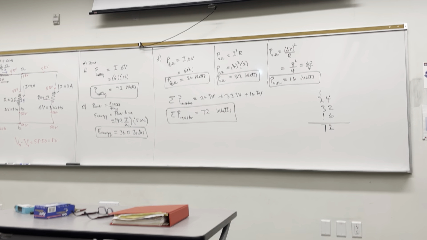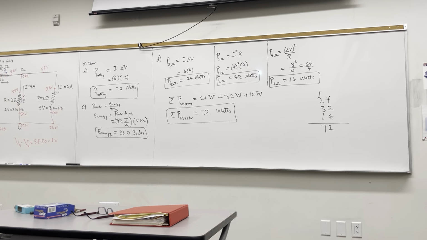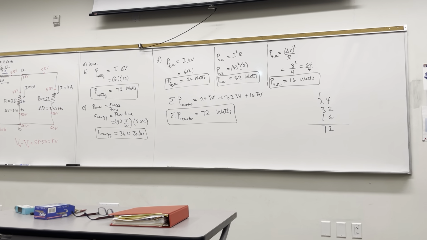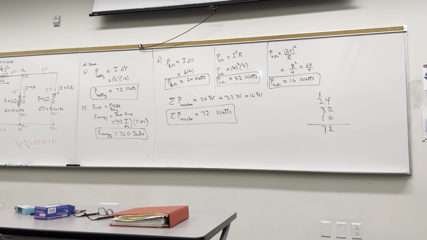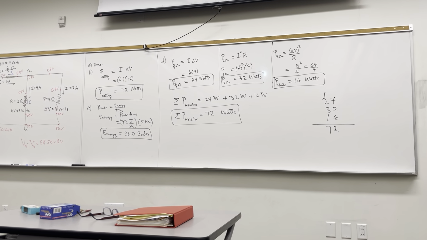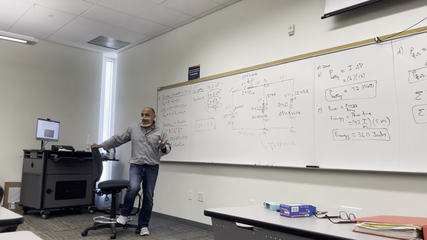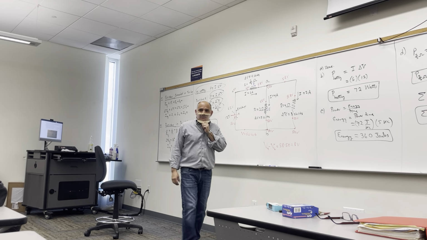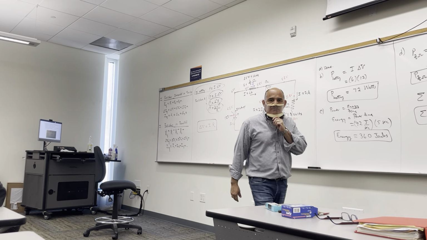So the battery is supplying the energy. Through some chemical process, the battery converts chemical energy to electrical energy. And the resistor takes that electrical energy and dissipates it, usually as thermal energy. The resistors get hot when there's a current through them.